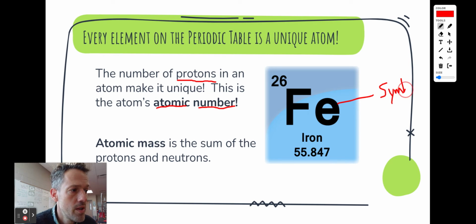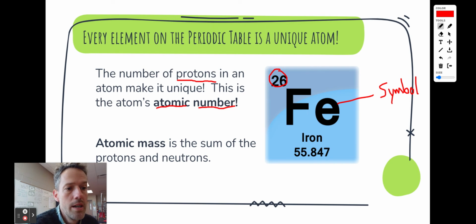And sometimes they're really easy to understand because the symbols are based on the language that most of us are probably familiar with in this classroom, which is English, but sometimes the symbols are based on other languages. This particular symbol is based on another language. So the symbol for iron is Fe. The atomic number of iron is 26. So that tells us that every atom of iron in the universe has 26 protons in its nucleus.